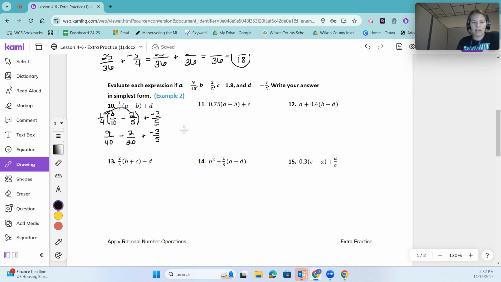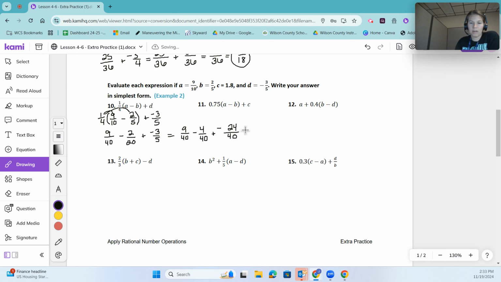So I have 9/40 minus 4/40, because 20 times 2 is 40, so 2 times 2 is 4, plus negative, and then 5 times 8 is 40, so 3 times 8 is 24.